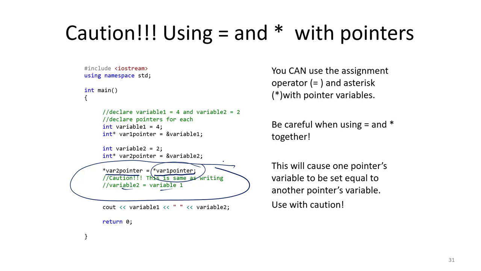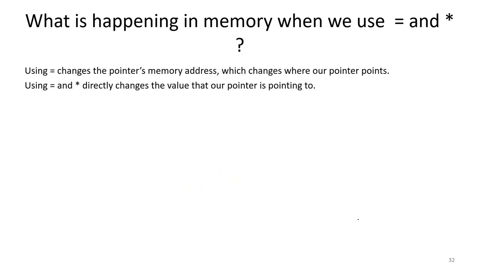So it's an important tool, but you've got to use it very intentionally, and you don't want to accidentally create errors. Just to emphasize, when we're using the assignment operator and asterisk together, we are directly changing the values that our pointer points to.